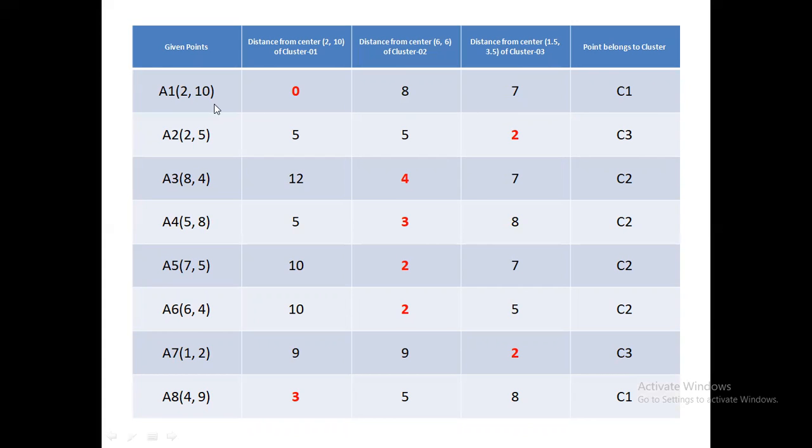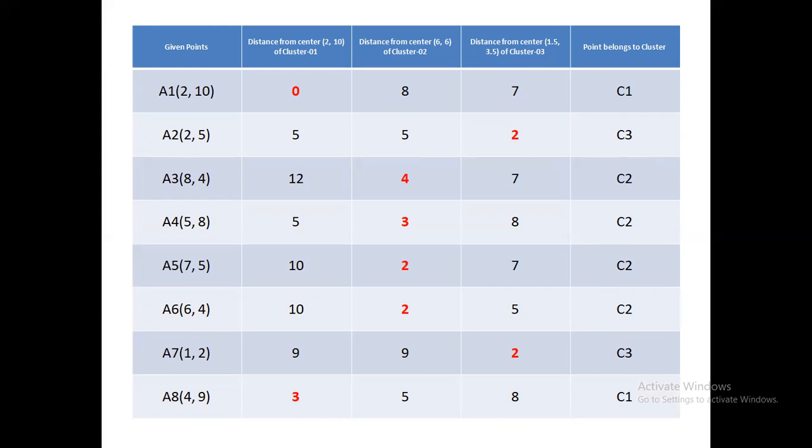Here you can see point A1 has minimum distance from cluster 1, so we have assigned it to cluster 1. Similarly, point A2 has minimum distance from cluster C3, so we have assigned this point to cluster 3. In this manner, we have assigned all the points to the clusters having the minimum distance.